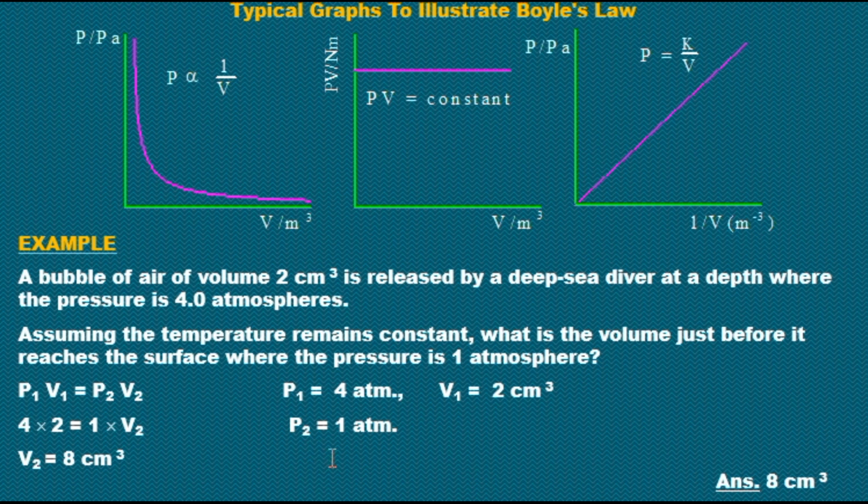P2 equals 1 atmosphere. It follows therefore that 4 multiplied by 2 equals 1 multiplied by V2 when we do the substitution. It follows therefore that V2 is equal to 4 multiplied by 2, which equals 8 cubic centimeters. Therefore, the answer is 8 cubic centimeters.